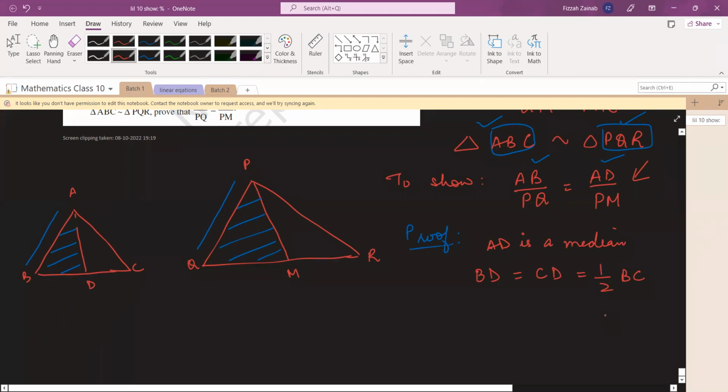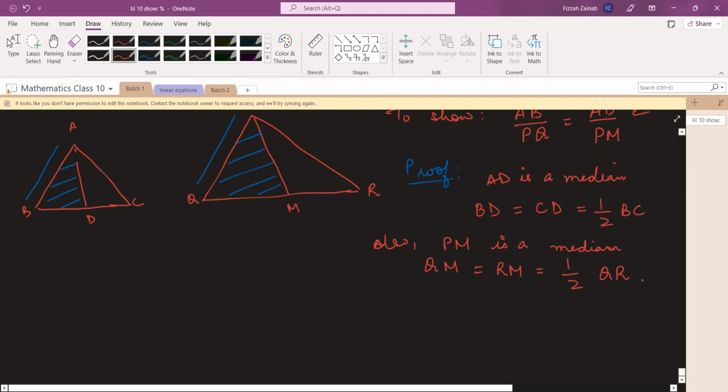And similarly, PM is a median. Median means it is dividing the opposite side into two equal parts. So that means QM is equal to RM, which is equal to half of the full side QR.